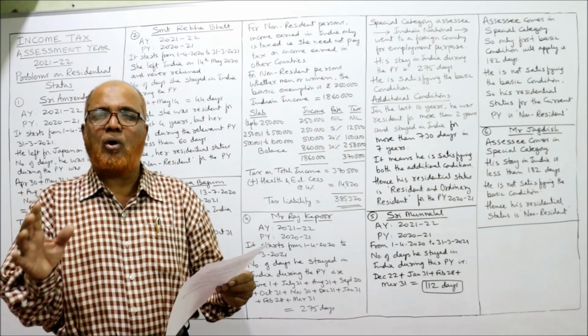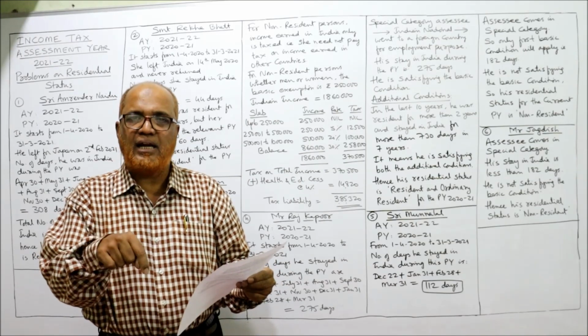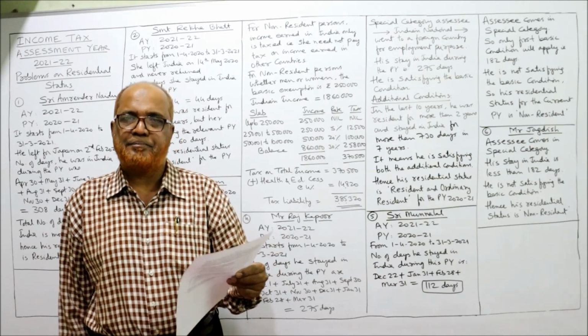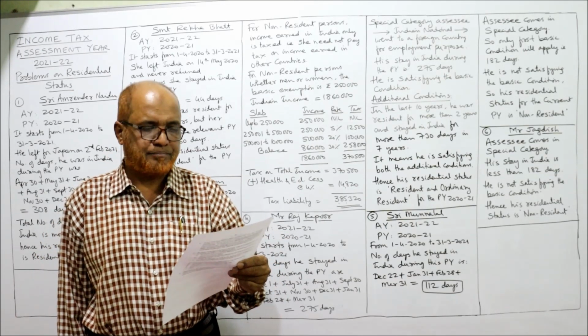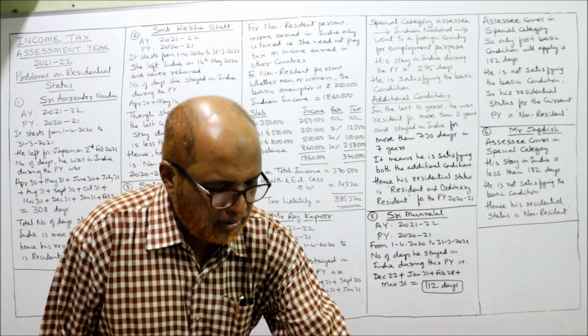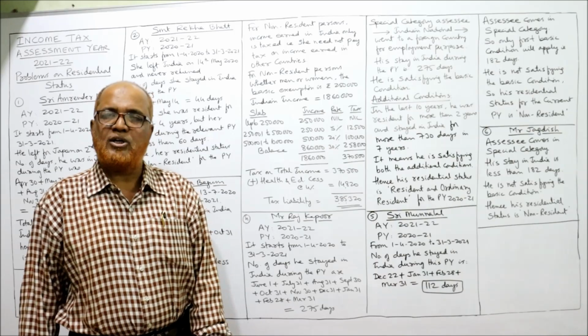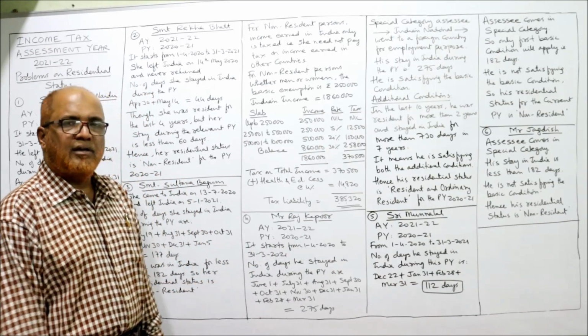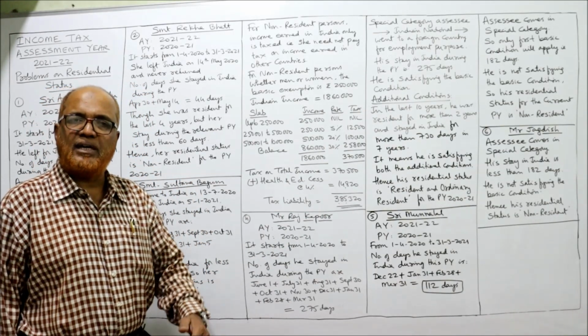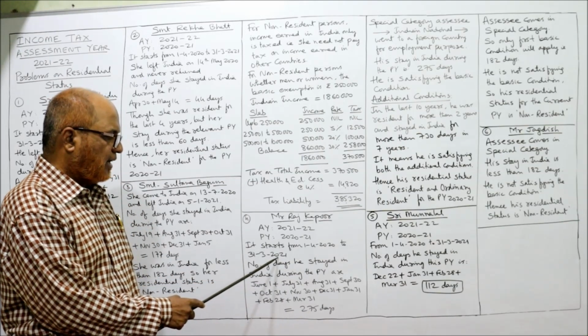Again, we have to count how many days he stayed in India during the current previous year, 2020-21. So here you can see Mr. Raj Kapoor. Assessment year is 21-22, previous year is 2020-21, starting from 1st April 2020 and ending on 31st March 2021.